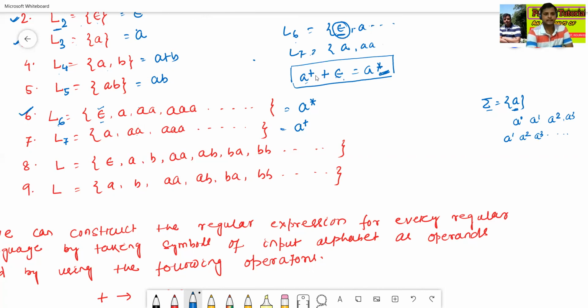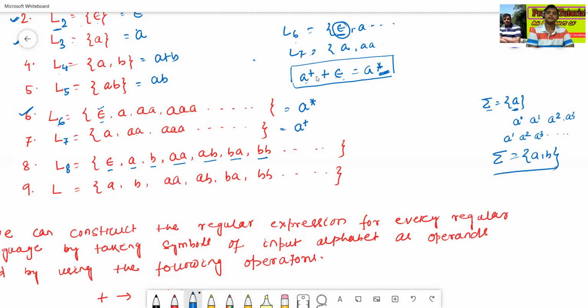Now we'll see language 8. Language 8 contains epsilon, a, b, double a, ab, ba, bb. That means it contains all combinations of a and b. Here the input alphabet is a comma b.